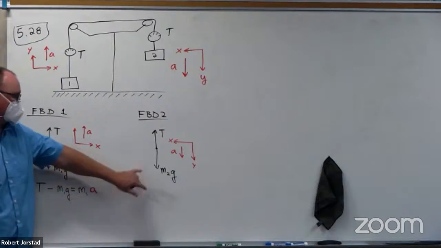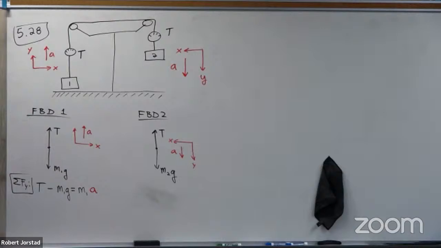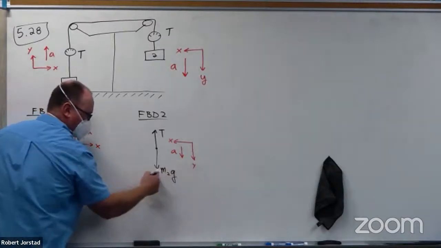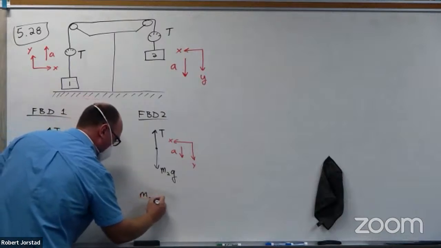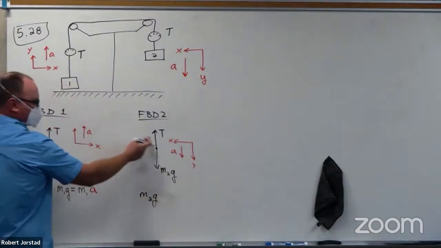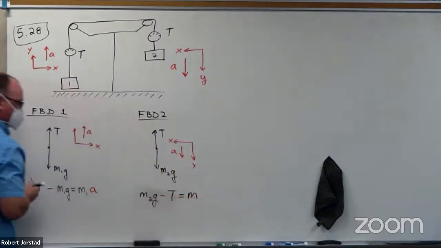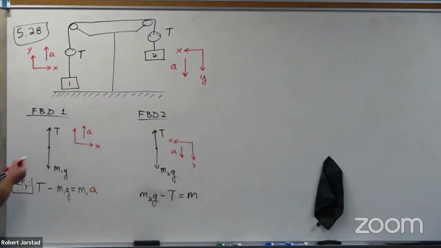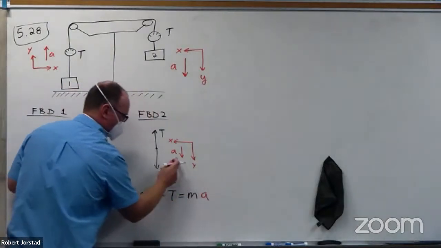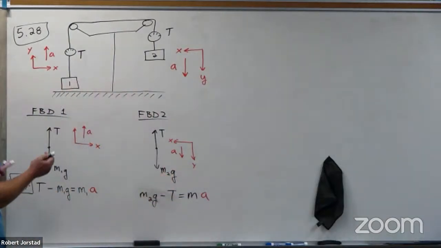What's the force equation for object 2? M2G is the positive. Nice, you caught it. T is, M2A is positive or negative? Positive. What did I forget?